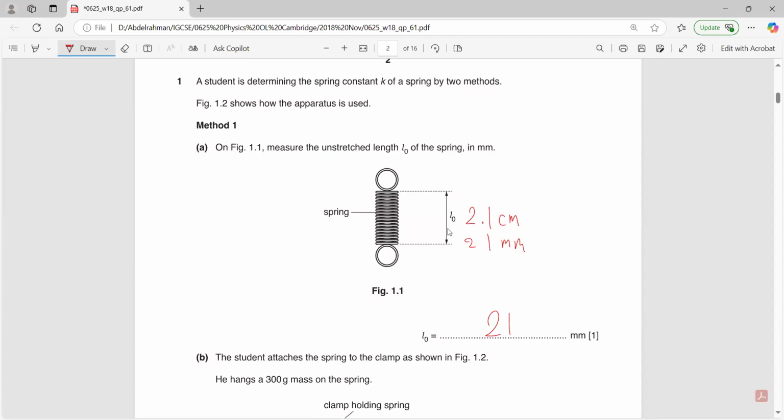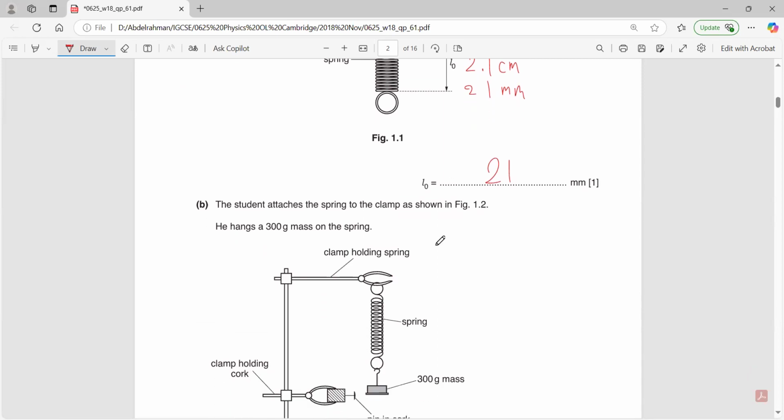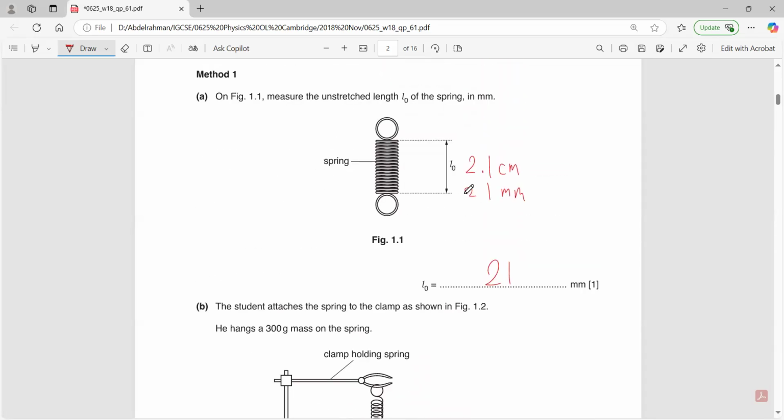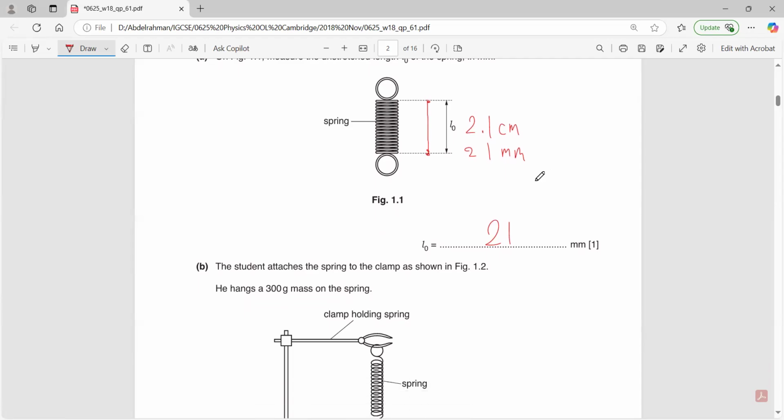In the marking scheme, it could be a bit different, because when you print the paper it is scaled down a little bit. So if the marking scheme says 22 and your answer is 21, it's not really a big difference. You measure only the distance between the two dotted lines, not the whole spring.